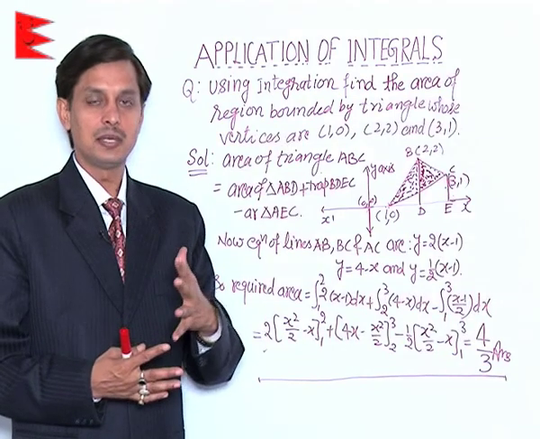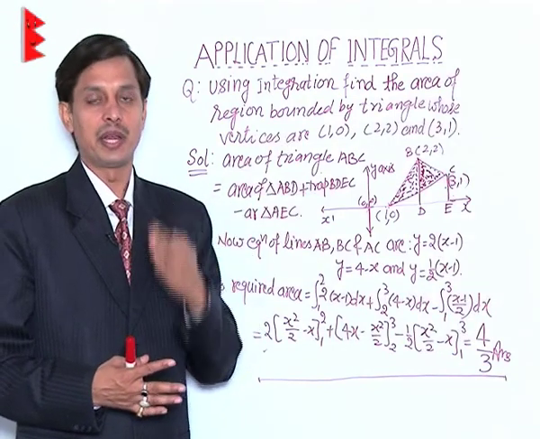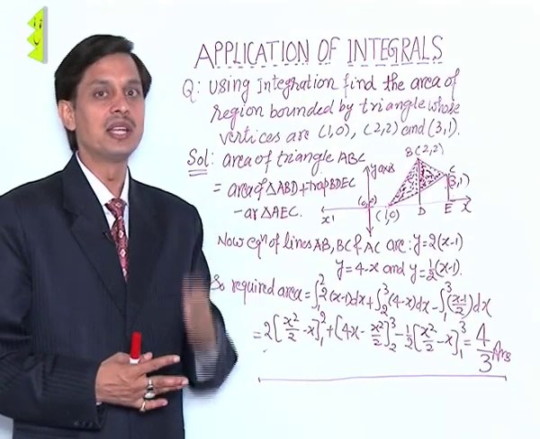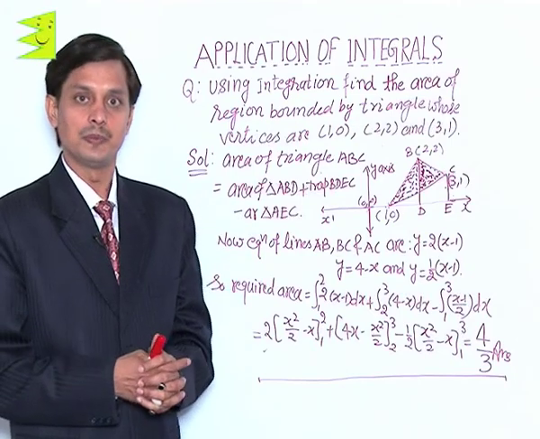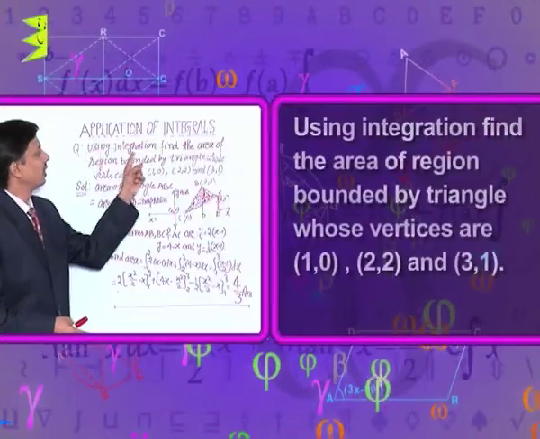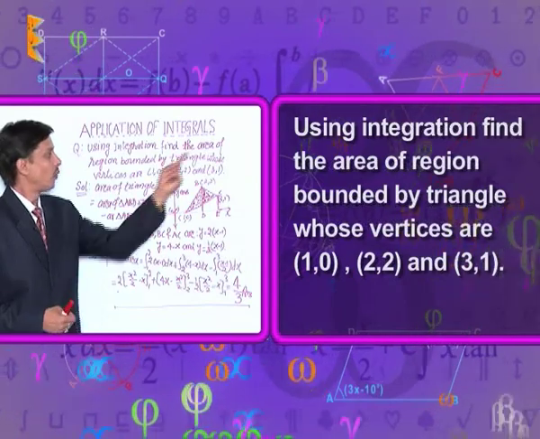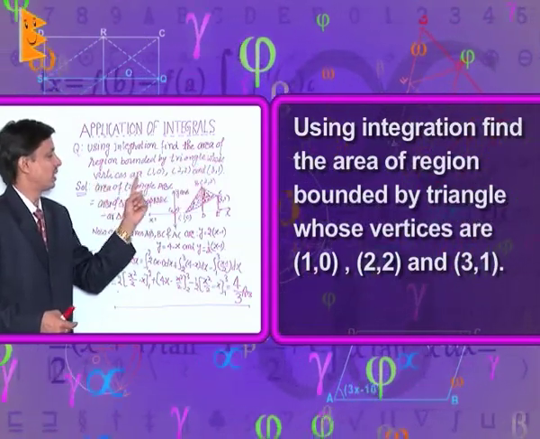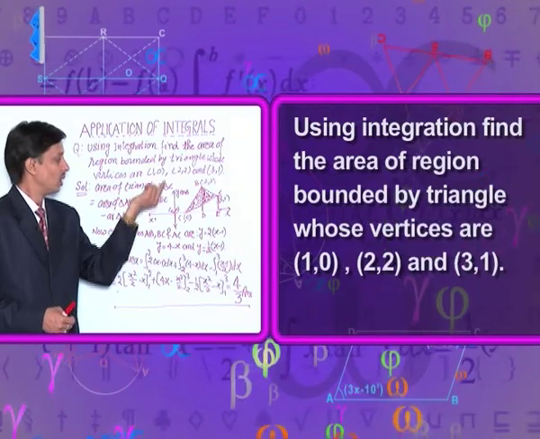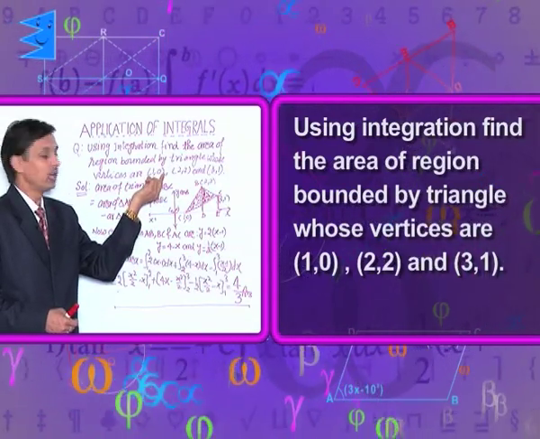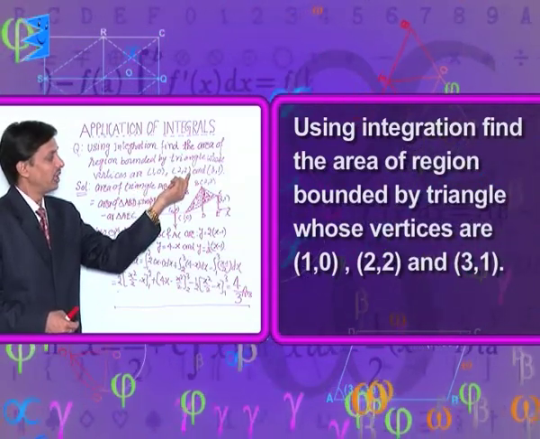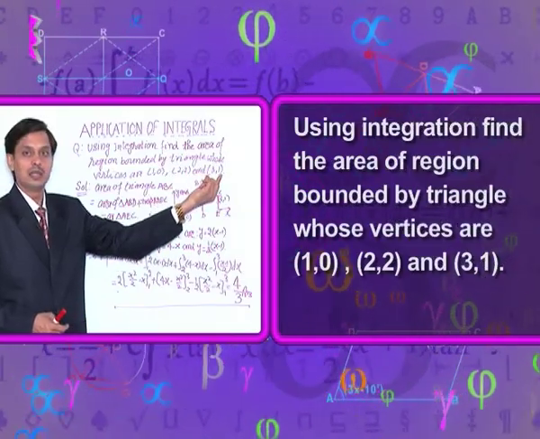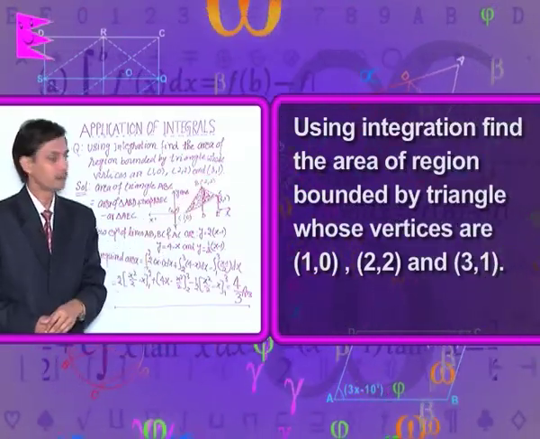So, basically, how to find the area of the triangle if coordinates are given. Using integration, find the area of the region bounded by the triangle whose vertices are given by coordinates A 1, 0, B 2, 2 and C 3, 1.